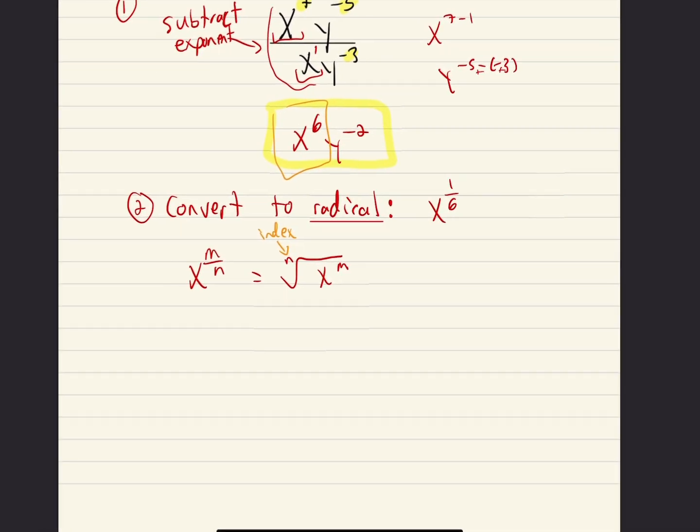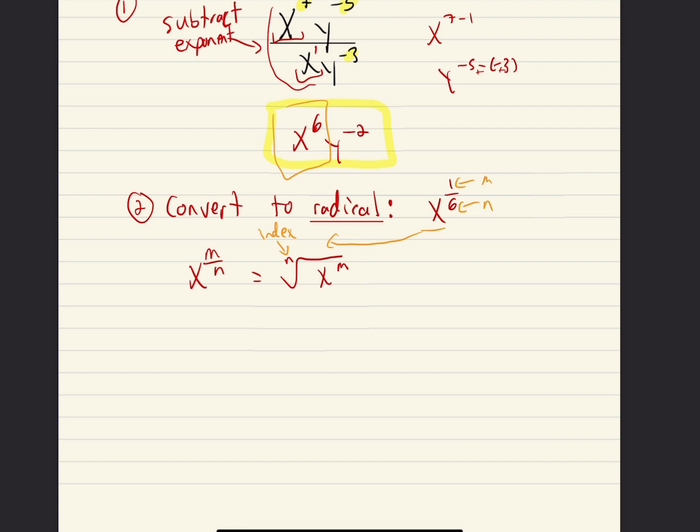But we could ask you to convert from an exponent like this, x to the 1 over 6, to a radical. In this case, you have to remember the property that x to the m over n, which is a rational exponent, is equal to the root of x to the m, with index n. So, if I'm trying to relate this back to this formula here, your 1 is going to be the m, and your 6 is going to be the n.